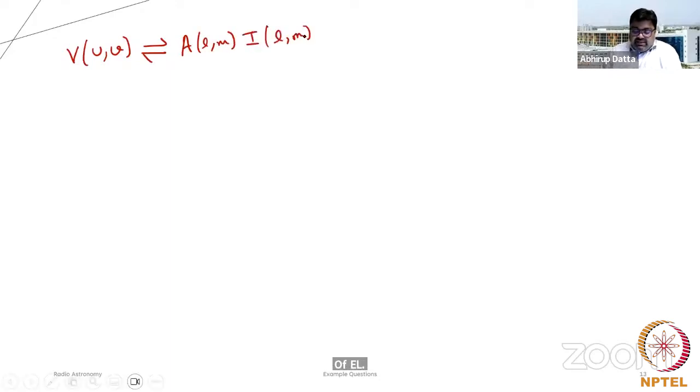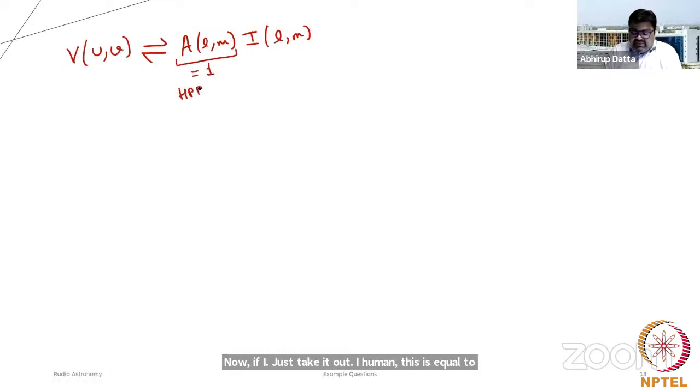Assuming A is equal to 1, however, we only concentrate on that part of the sky which is within the half power beamwidth.